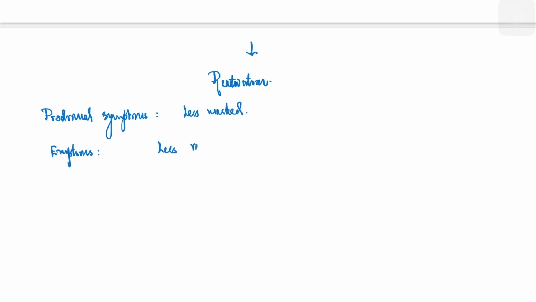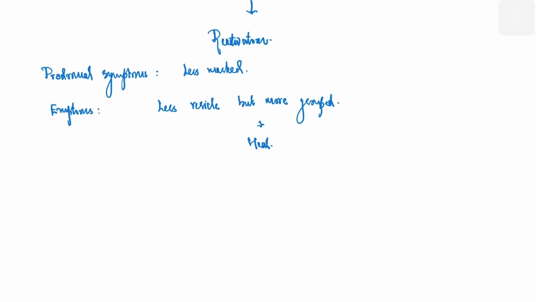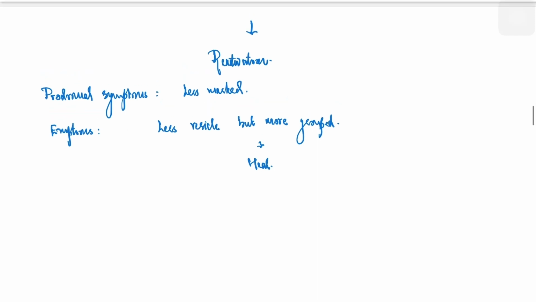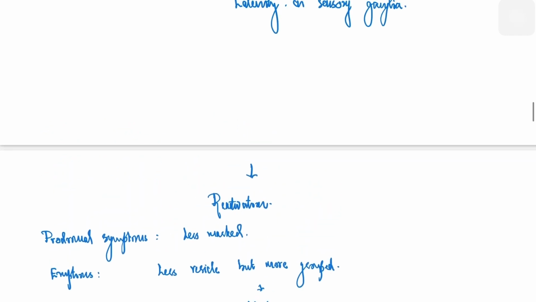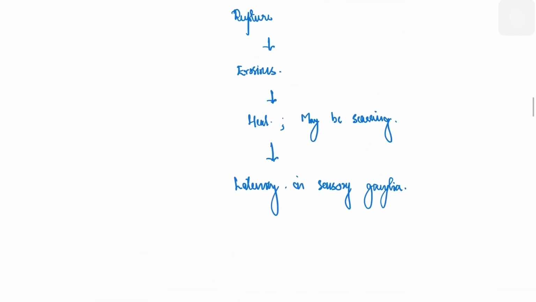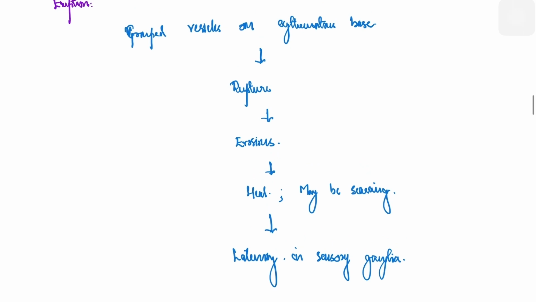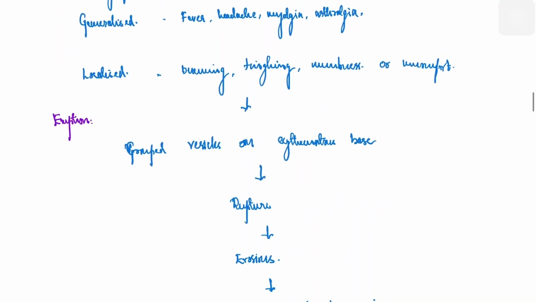They rupture to form erosions and heal. The patient will have frequent recurrences, and recurrences are more common with genital herpes than orofacial herpes. So this is about herpes simplex virus 1, that is orofacial herpes.